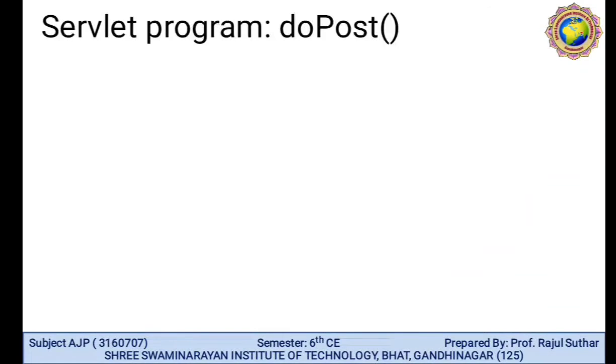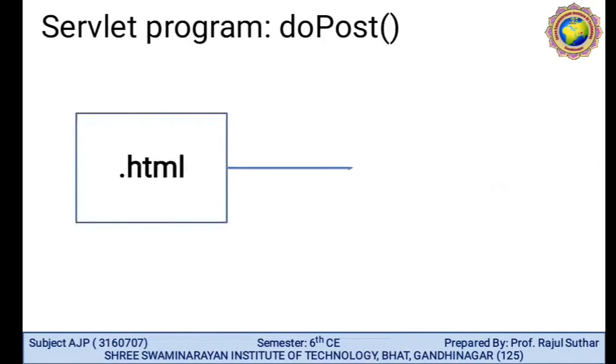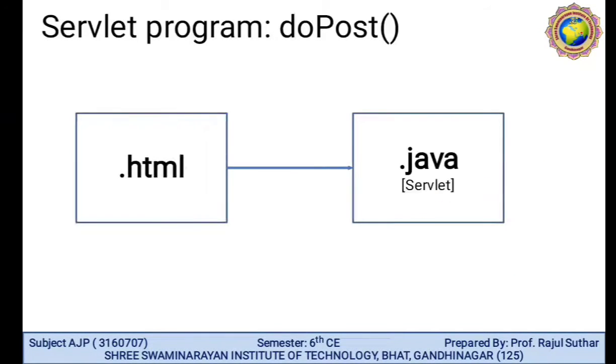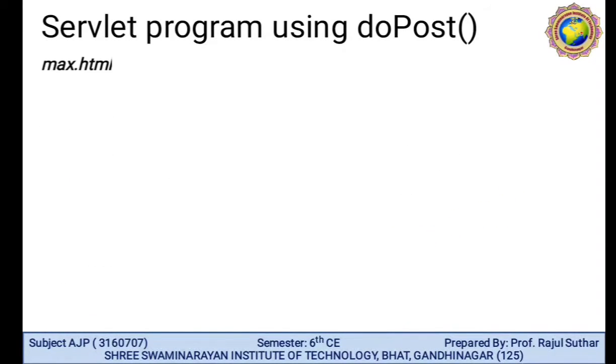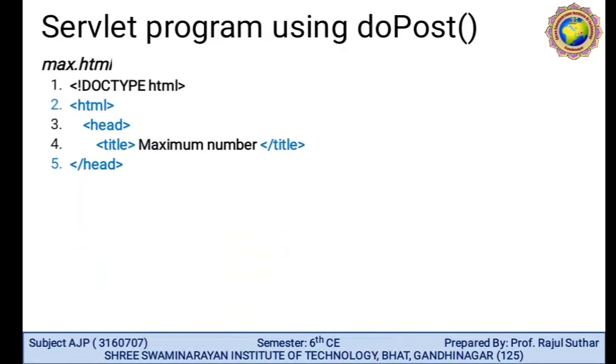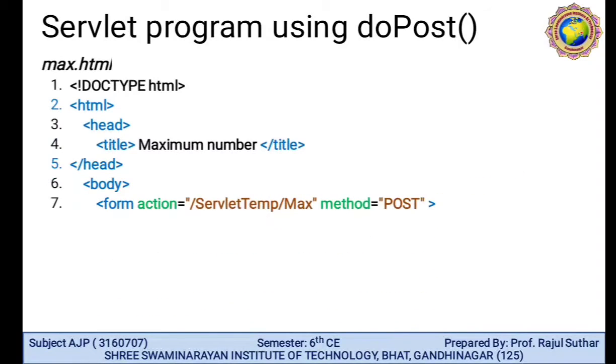By using the doPost method in a servlet program, we require the HTML, which binds with the .java servlet class. So a servlet program using the doPost method, max.html, doctype is HTML, we require one title, maximum numbers.